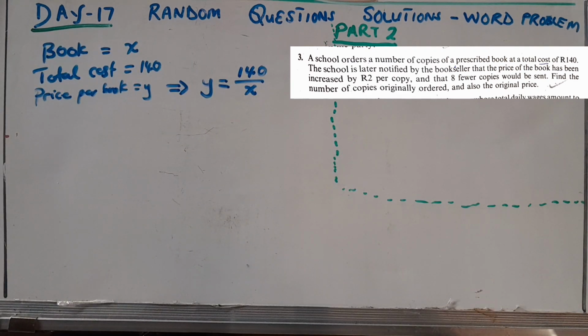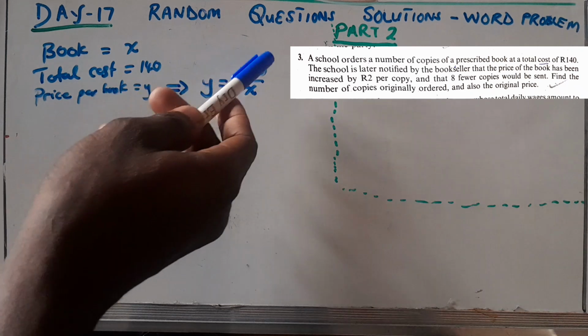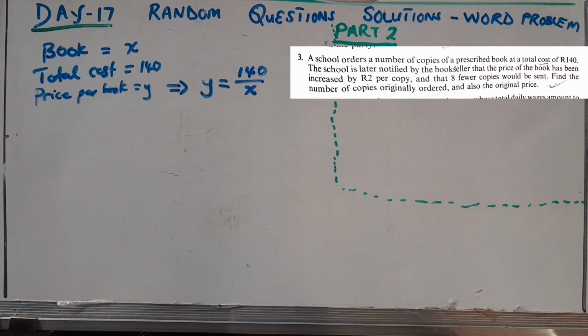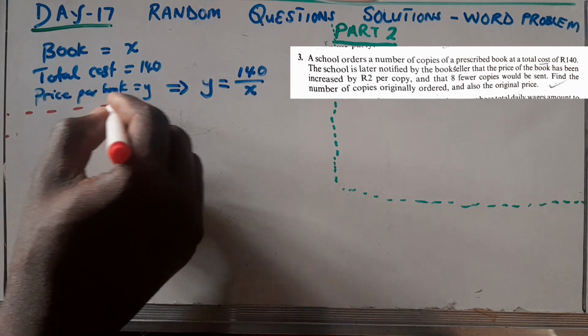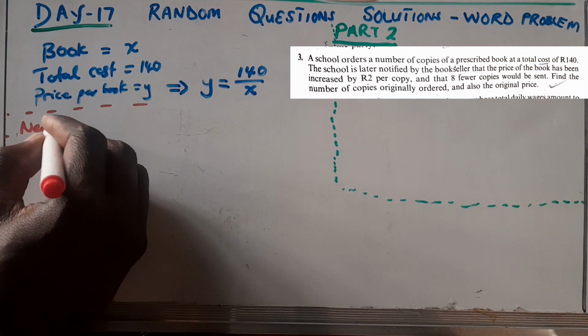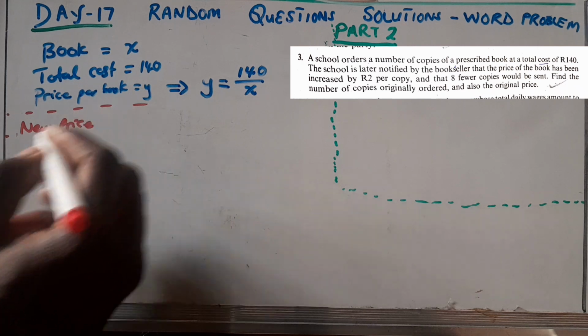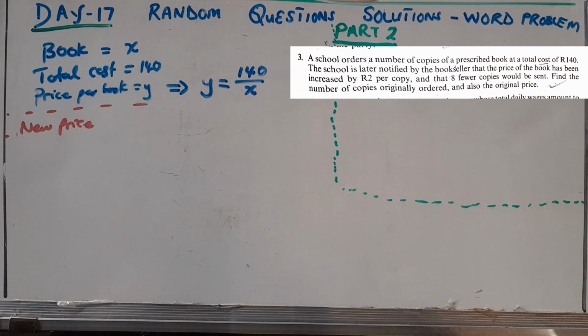Can you see that? Yes, because the cost is equal to the total price over the number of items you bought. So they said the school is later notified by the bookseller that the price of the book has been increased by 2 rand per copy. So it means that now our new price has been increased by 2 rand per copy.